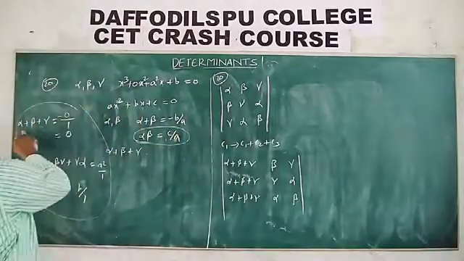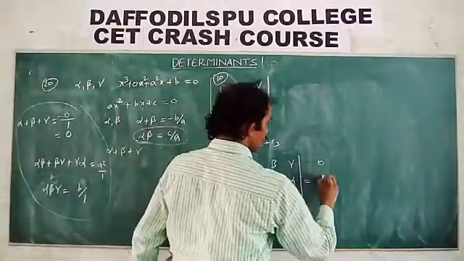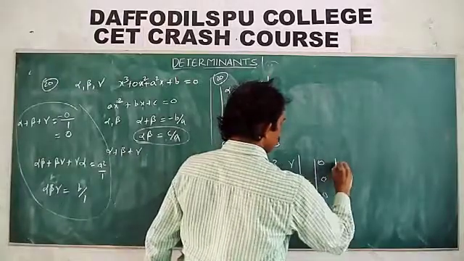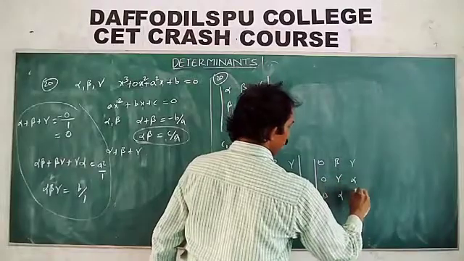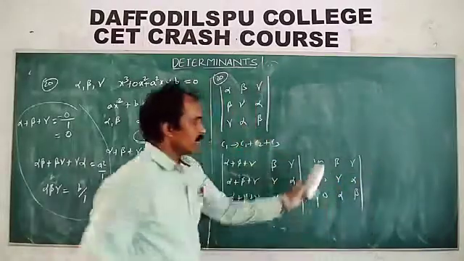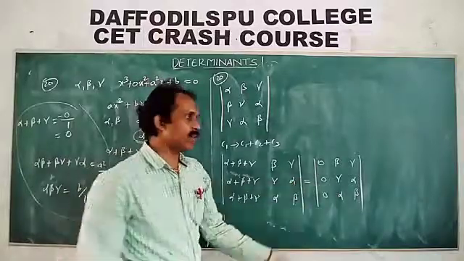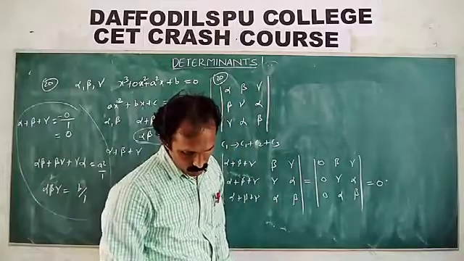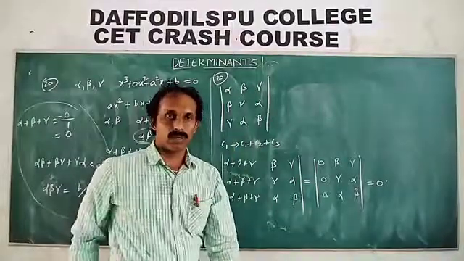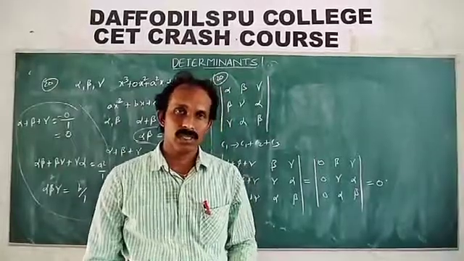From this equation, alpha plus beta plus gamma is equal to 0. Therefore all zeros: 0, beta, gamma, alpha, beta. All elements of the first column are zeros. What is the determinant value? The determinant value is equal to 0. Okay, which option? Fourth option. Okay students, we'll continue the remaining problems in the next class. Thank you.